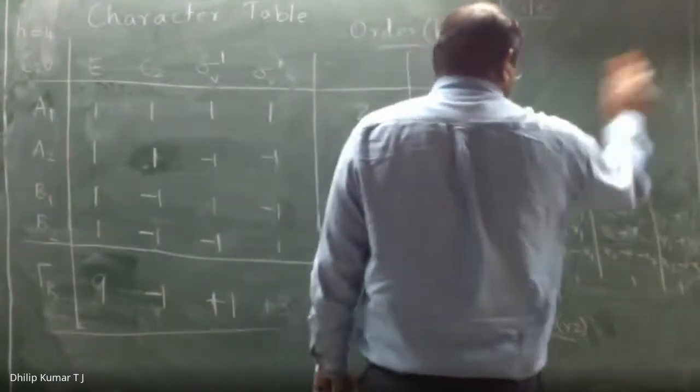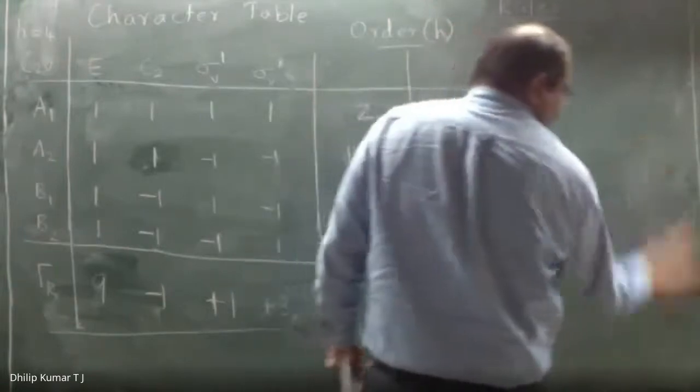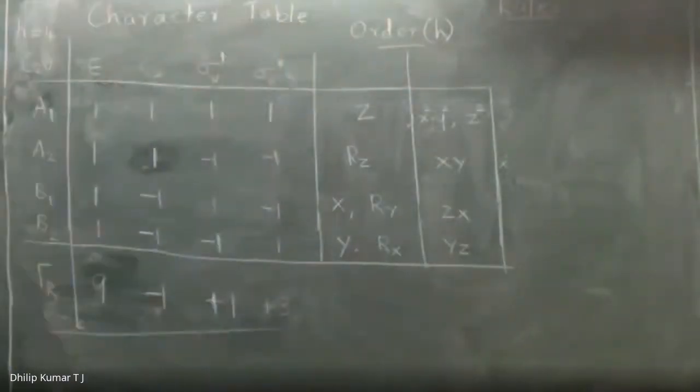Okay, so I erase this part. Now, how do you find out the translation, vibration? For that, what we will do is write it: 9, -1, 1, 3. This is the reduction.